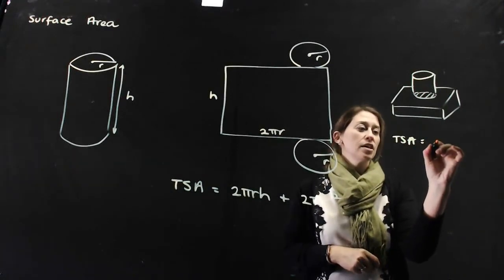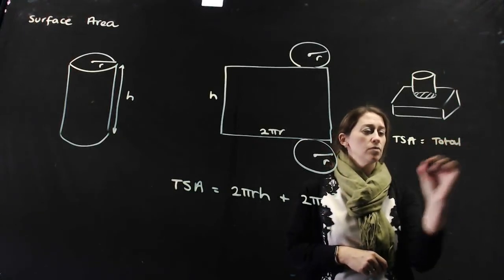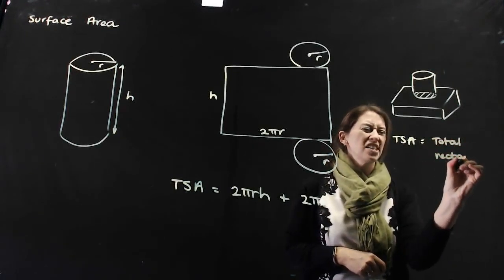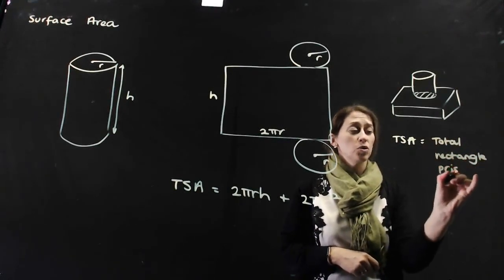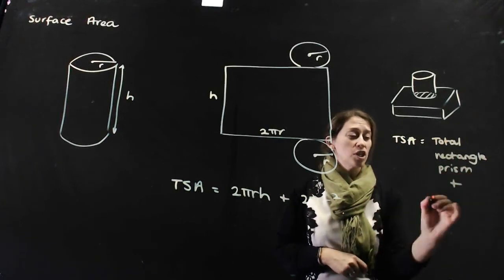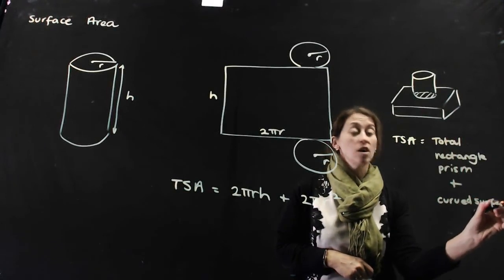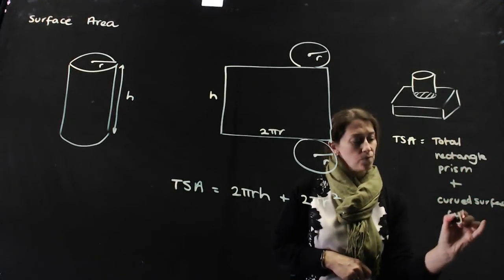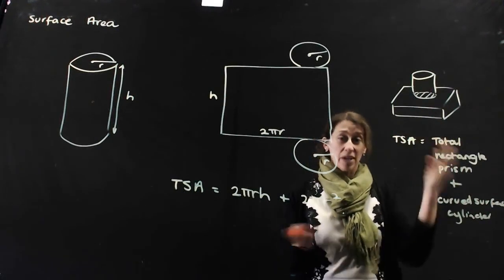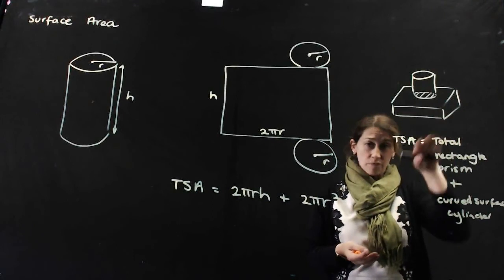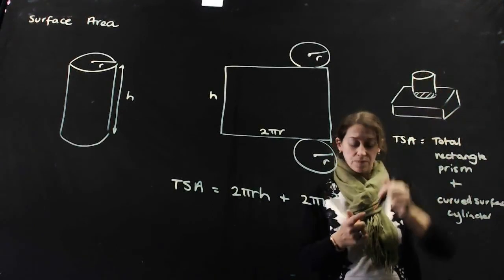We have the total surface of the rectangular prism, plus only the curved surface of the cylinder. Obviously, ideally I'd write it in a straight line, but I don't have the room on the board at the moment. Remember, the common side, which I've coloured in, is taken already. We've added that already by using the total of the rectangular prism, which accounts for that one up there.